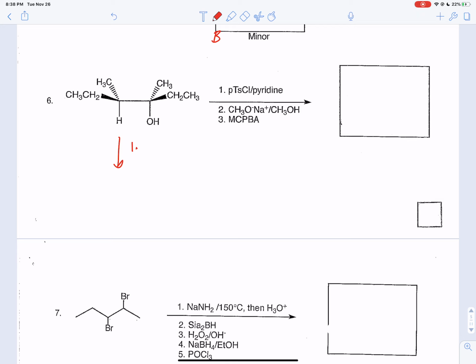So I'm just going to redraw everything the same. Right, wedge and dash, all that stuff is going to be the same. All right, and we're just going to replace that hydroxy with OTOS, okay?